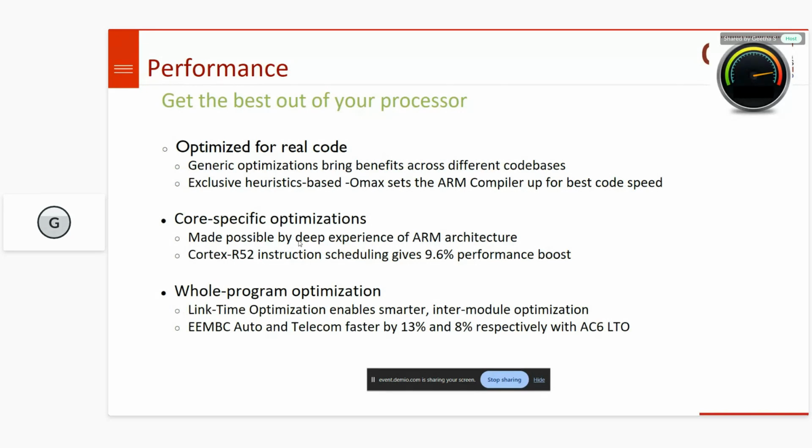Such optimizations are only possible if the compiler team has deep knowledge about the architecture. For example, for Cortex-R52, they are able to optimize instruction scheduling, giving a 9.6% performance boost. Okay, this I already told.